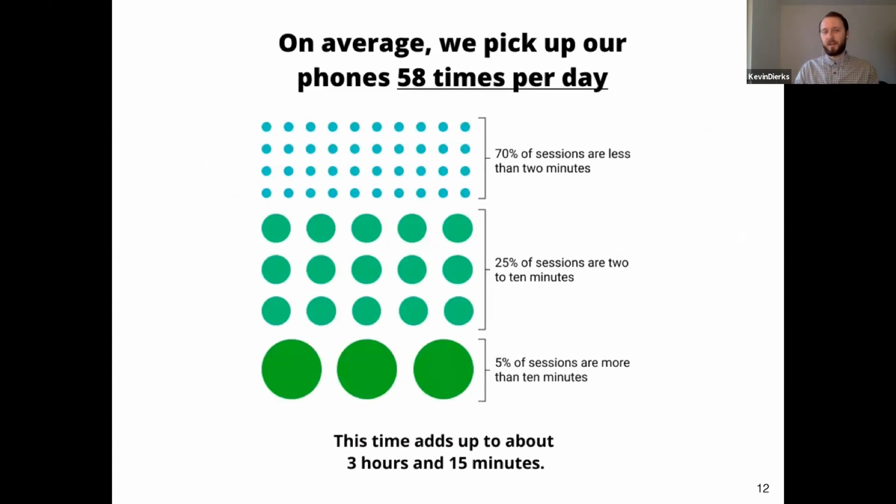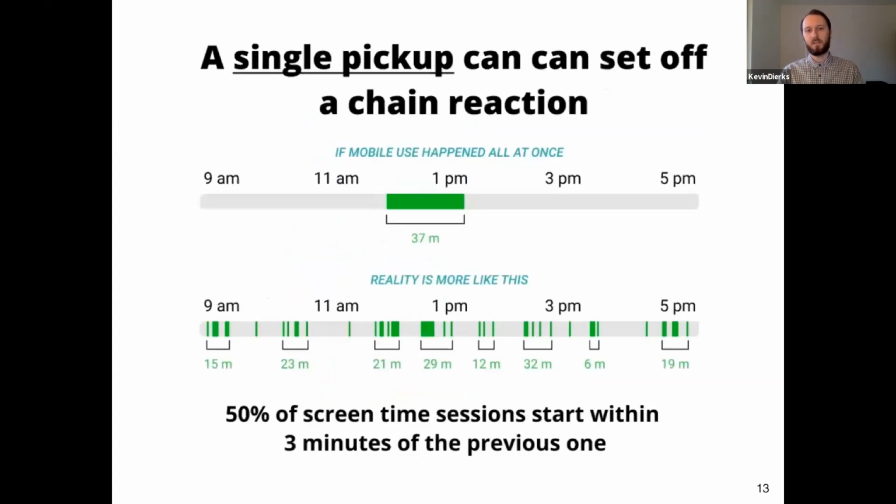Going away from the physical interaction to how we use our phones: on average, we pick up our phones 58 times per day. What's even more important here is that 70% of these sessions are less than 2 minutes. So it's very short time frames that you're looking at your phone. If you look even further, you have longer sessions of, for example, 37 minutes, but these are scattered into very small sessions.